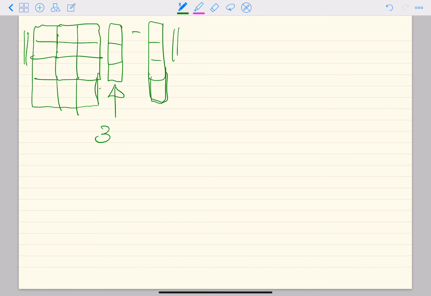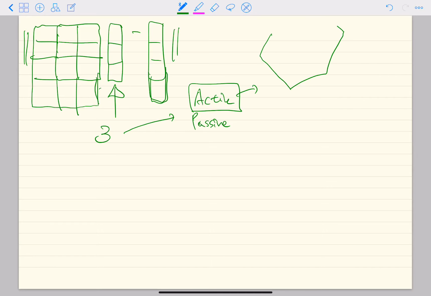we can actually partition or split them into two sets of variables. One is the active set, and the other is the passive set. And the active set is those variables that are stuck by our constraint. Suppose our feasible set or our constraint for our input variable is some region like this.